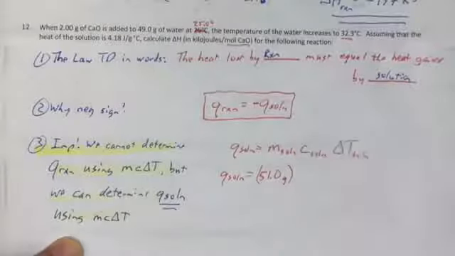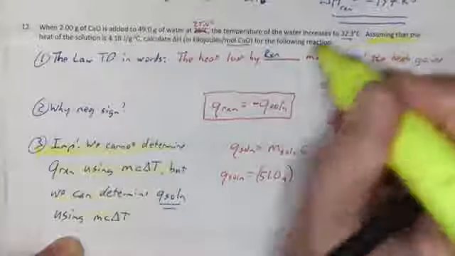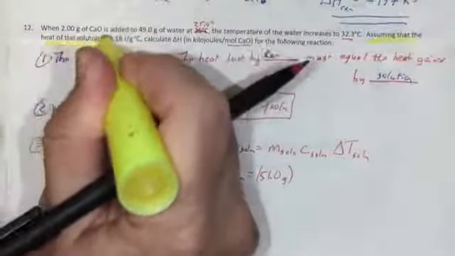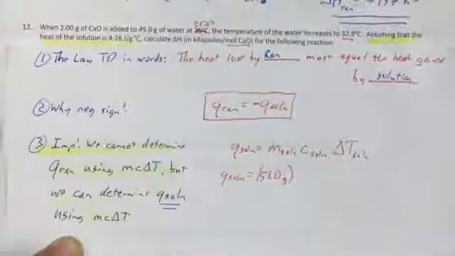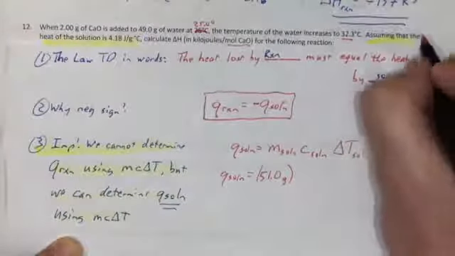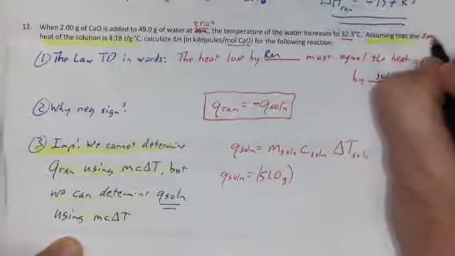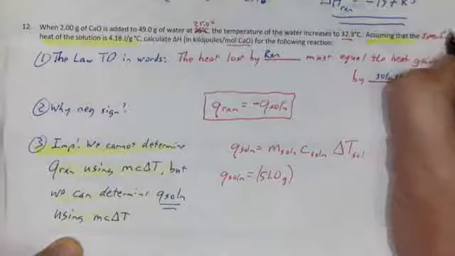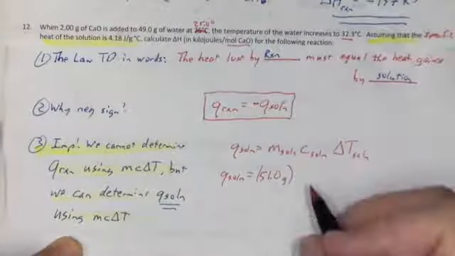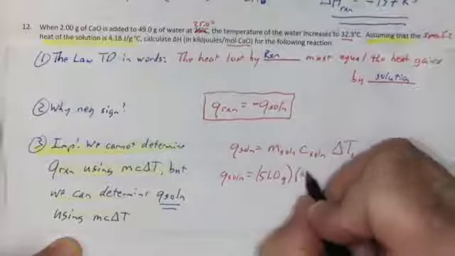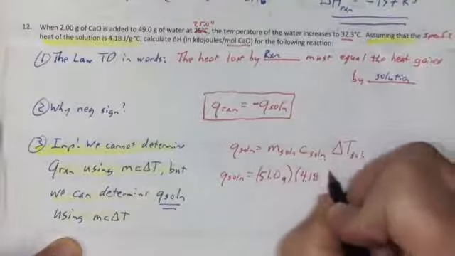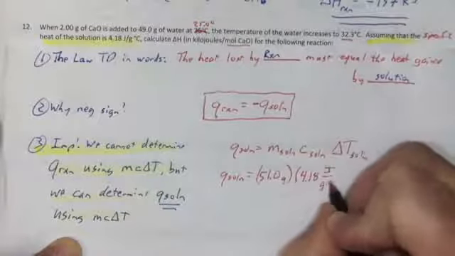Well, we're told, assuming that the specific heat of the solution is 4.18 joules per gram per degree C.